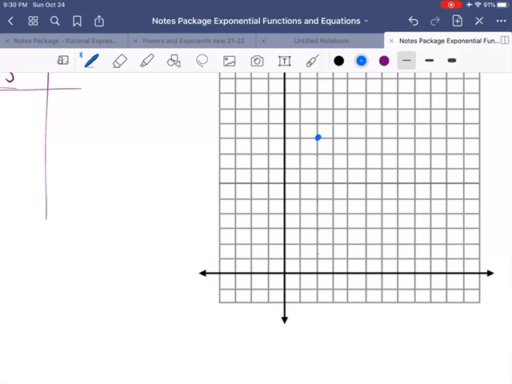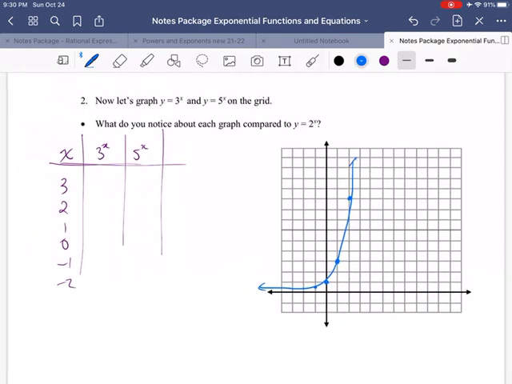And then you're going to have a point at 0, 1, and you also have a point at 1, 3. And then it's going to do something like that. So that is y equals 3 exponent x.